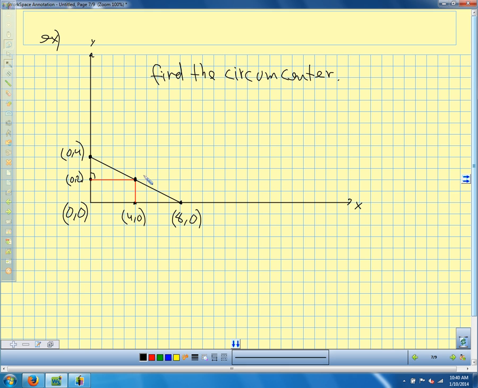So what is that point? If this is 0, 2 and this is 4, 0, I go over 4 and up 2. 4, 2 is the circumcenter.